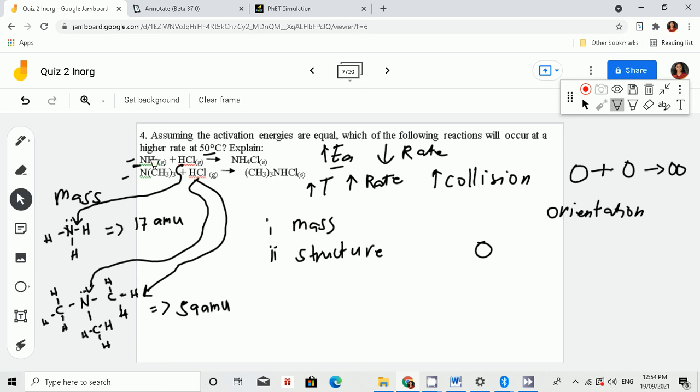And the structure of trimethylamine is very complex, so there are times that the collision is not successful.